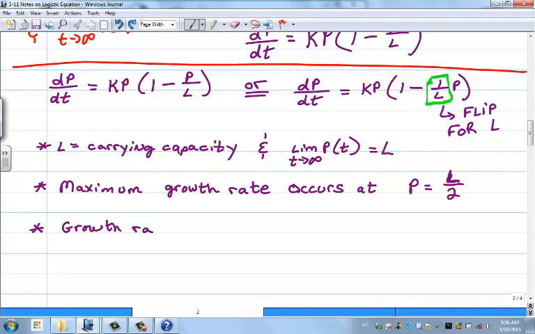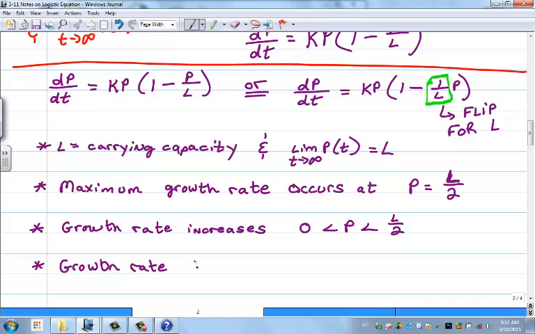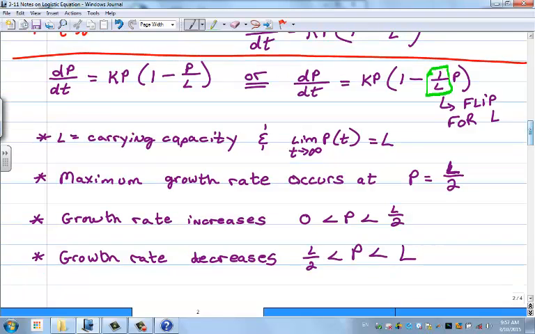So if you think about it as a parabola, the growth rate increases when 0 is less than P and P is less than L over 2. The growth rate decreases between L over 2 and L. Okay, so it's going to be going up and then going down.